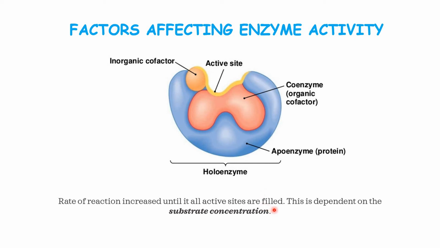Pero pag halimbawa, highly concentrated and the sample is also in a very large amount, then di rin siya kagad matatapos, syempre. Because enzymatic activity is not going to stop unless all of the active sites are filled.